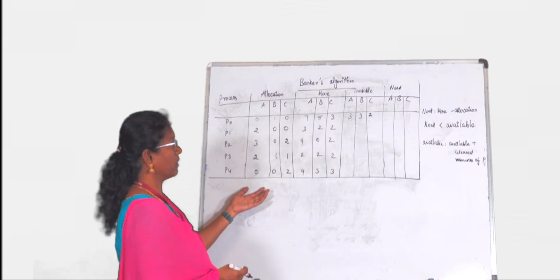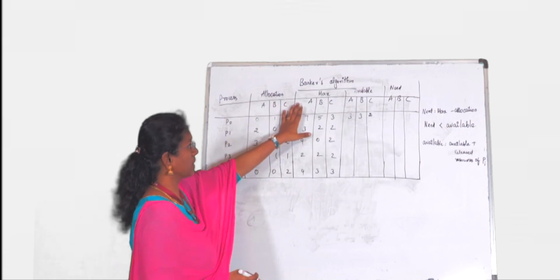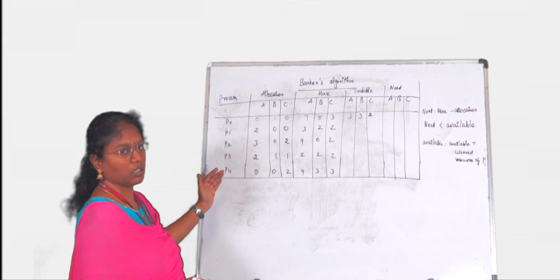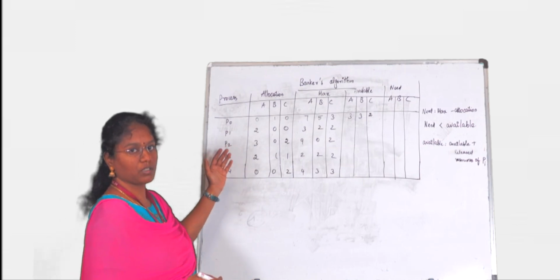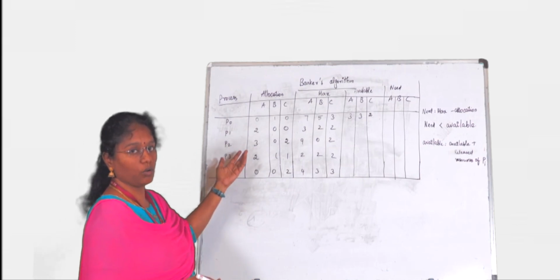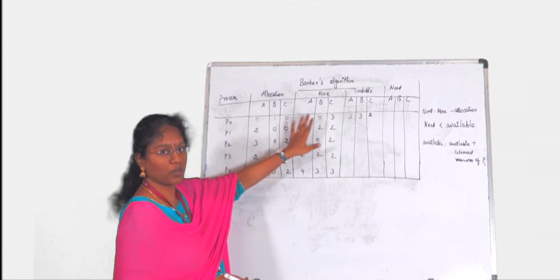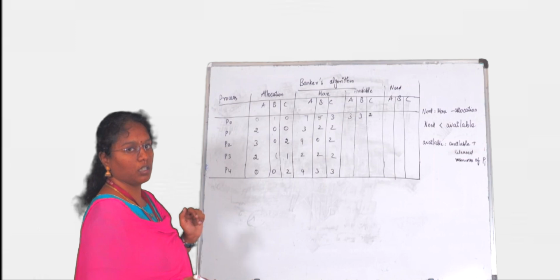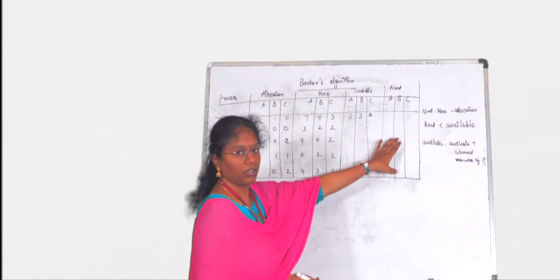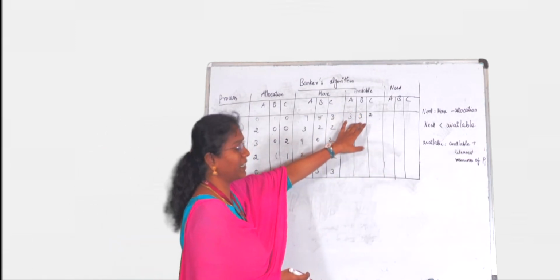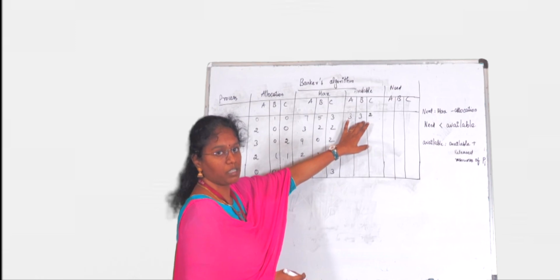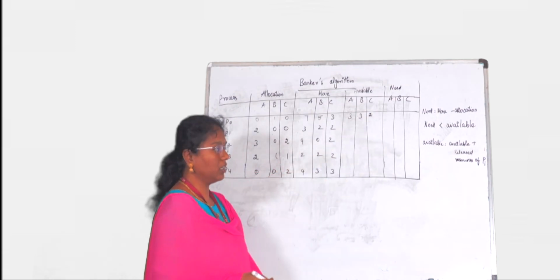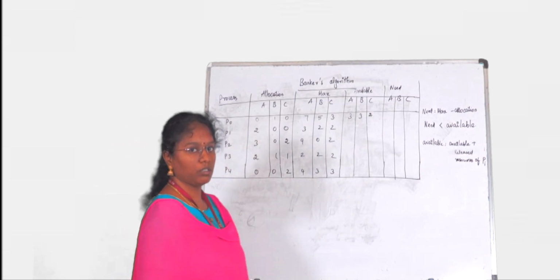Here they have given us allocation, maximum, available and need. That means to execute a process we need some resources, and we should also know the maximum resources for the process and what resources have been allocated to it, what we need to execute the process, and what is available at present. So with the available resources, which process will execute? We need to find out the safe sequence.